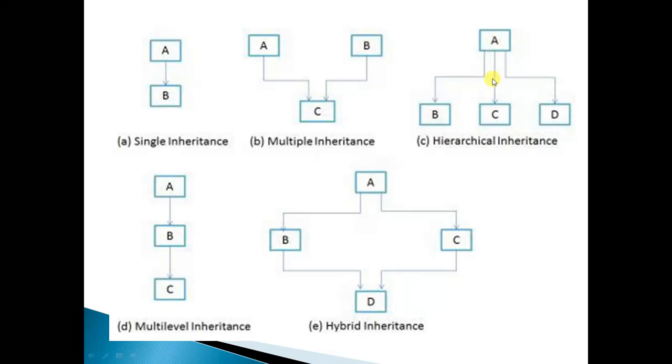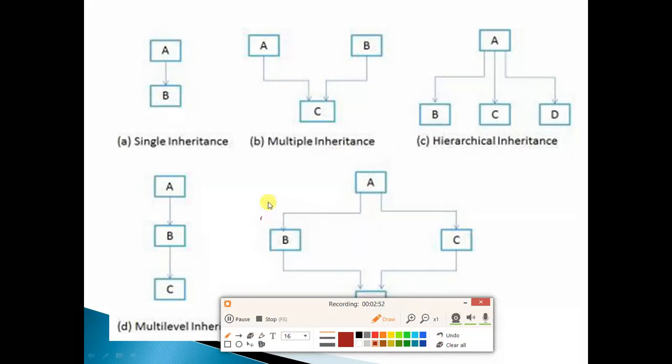Next is hierarchical inheritance, and another one is multi-level, where the levels go on one by one, and the last one is hybrid inheritance. In hybrid inheritance, two or more combinations of inheritance are carried out like this. You can consider this as a single inheritance, right?